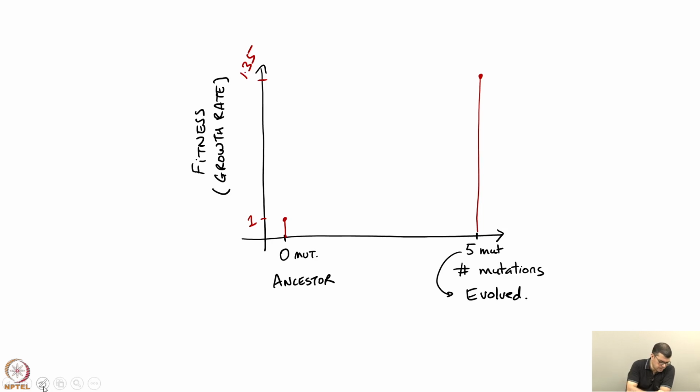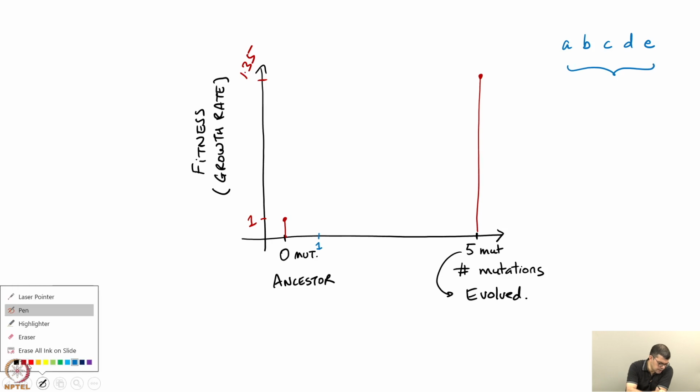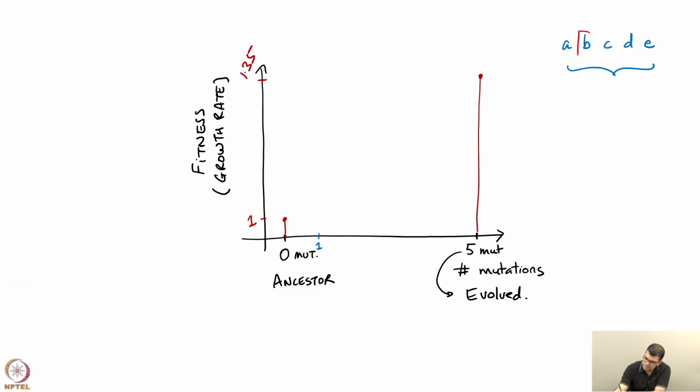paths, and let us call those mutations A, B, C, D, E. For those of you who did not understand, how do we get these 120 paths? When I am moving from 0 mutants to 1 mutant, I can pick any one of these 5 mutations, and let us say I pick B. So, that is my first mutation. Now, I have to pick the second mutation.